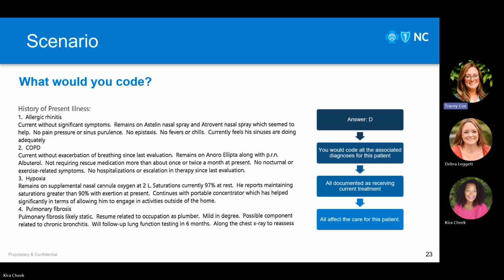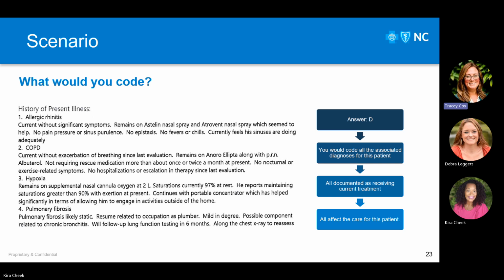COPD is current without exacerbation, remains on an inhaler along with PRN albuterol. Hypoxia remains on supplemental nasal cannula oxygen at 2 liters. And pulmonary fibrosis, mild in degree. And then we'll follow up lung function testing in 6 months.